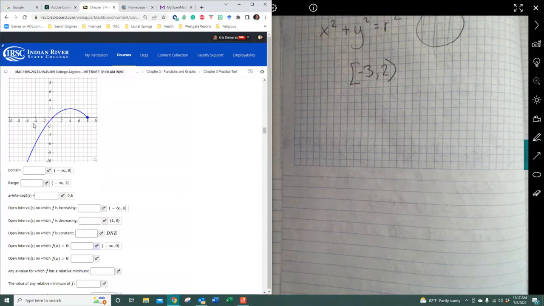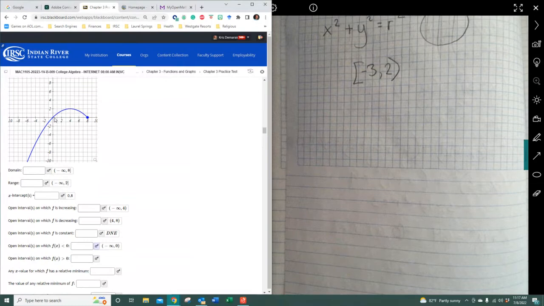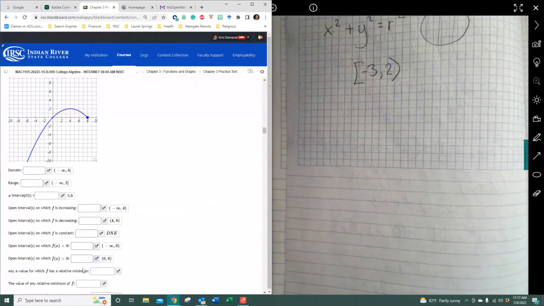We specify the x values for which it meets the condition. Now the open interval for which the function is greater than 0 would be from 0, non-inclusive, all the way to 8, and notice, not inclusive.